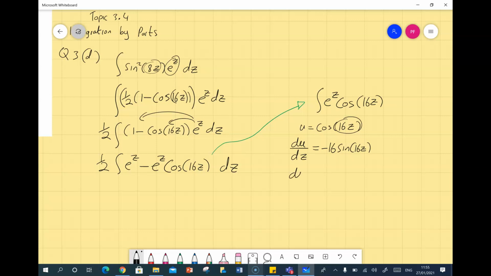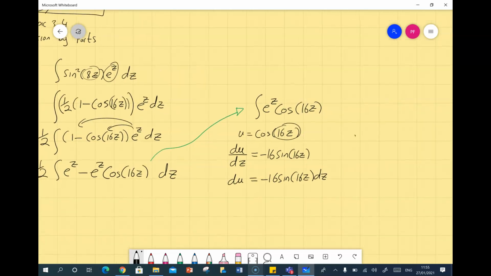And then bring my dz over, so I've got minus 16 sine of 16z dz. Excellent. Now, therefore, I must let my dv equal e to the power of z. So the integral of dv is still e to the power of z, and of course we can call the integral of dv just v, e to the power of z. So my 4 important parts.